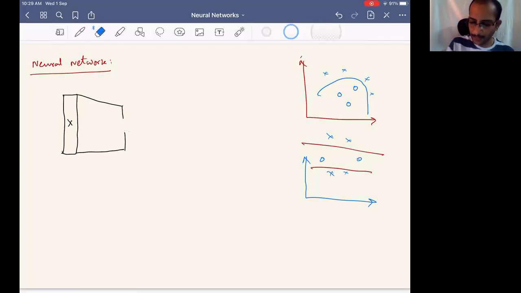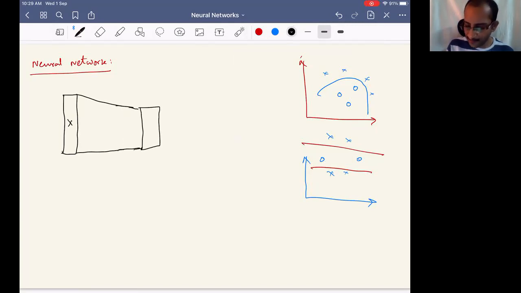X are the inputs, which are again the features, right? And W, what do you think this W is? Weights. It includes all weights, biases, everything. So let that be like that.